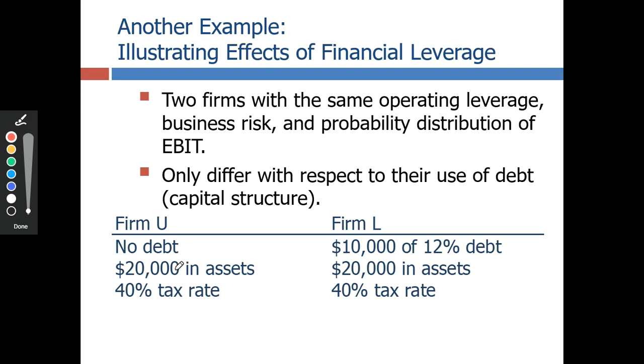So here, asset is 20,000, no debt, therefore equity equals 20,000, right? So here asset equals equity plus debt. Debt is 10,000, therefore equity has to be 10,000 as well. All right.